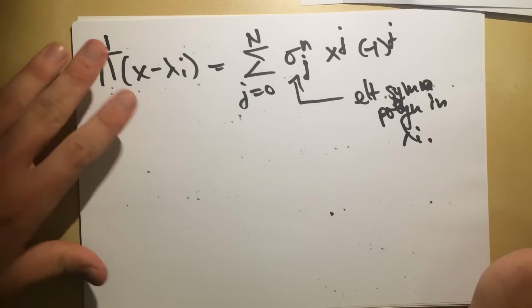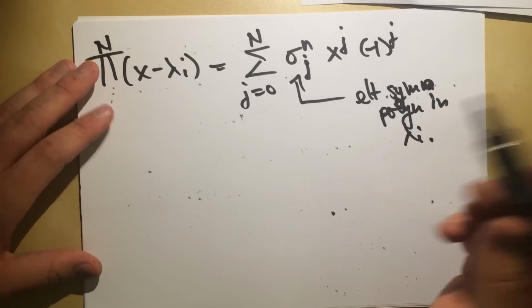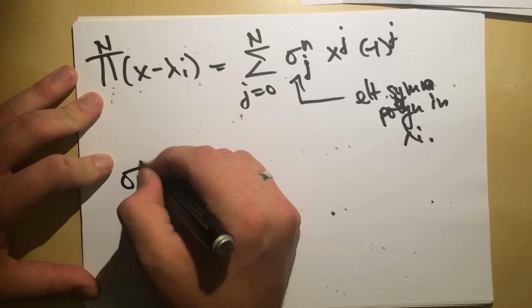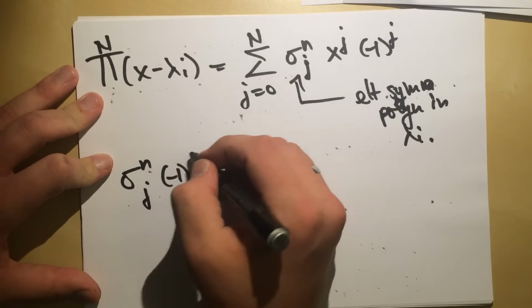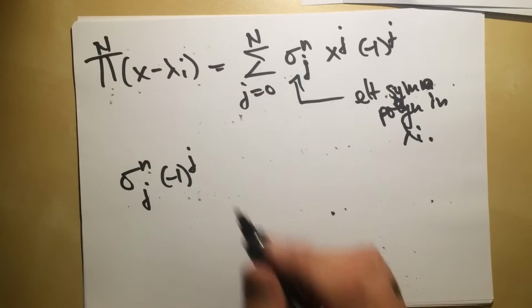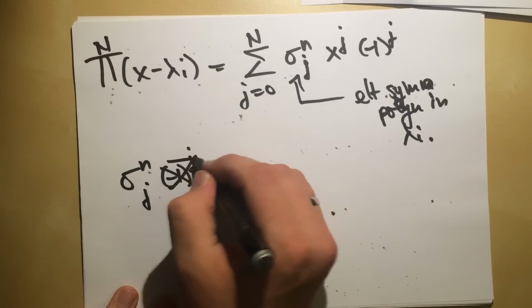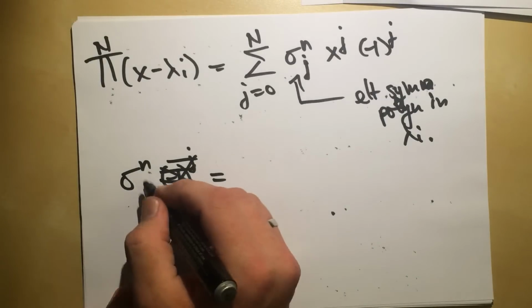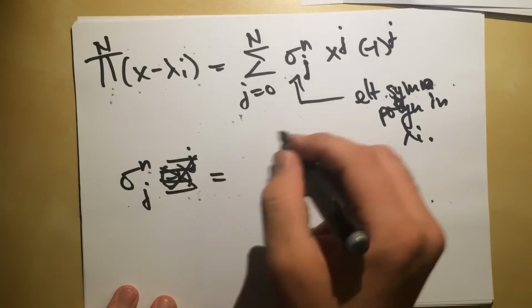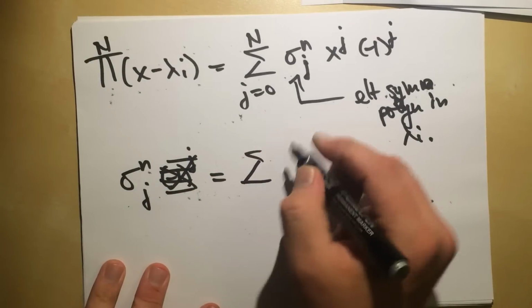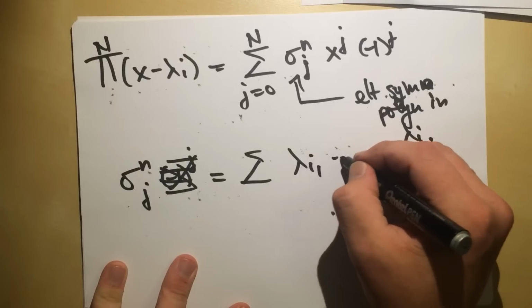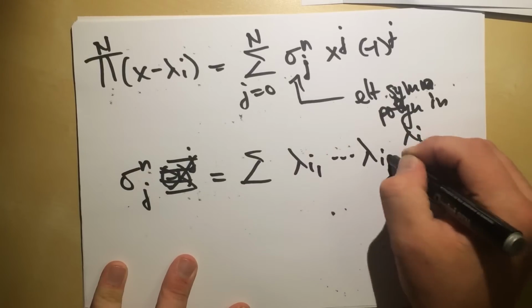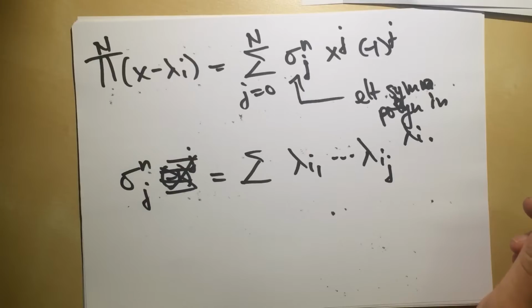Then this combination of (-1)^j is going to be n choose j terms, the sums of lambda i1 through lambda ij. I kind of switched notations twice. Whatever.